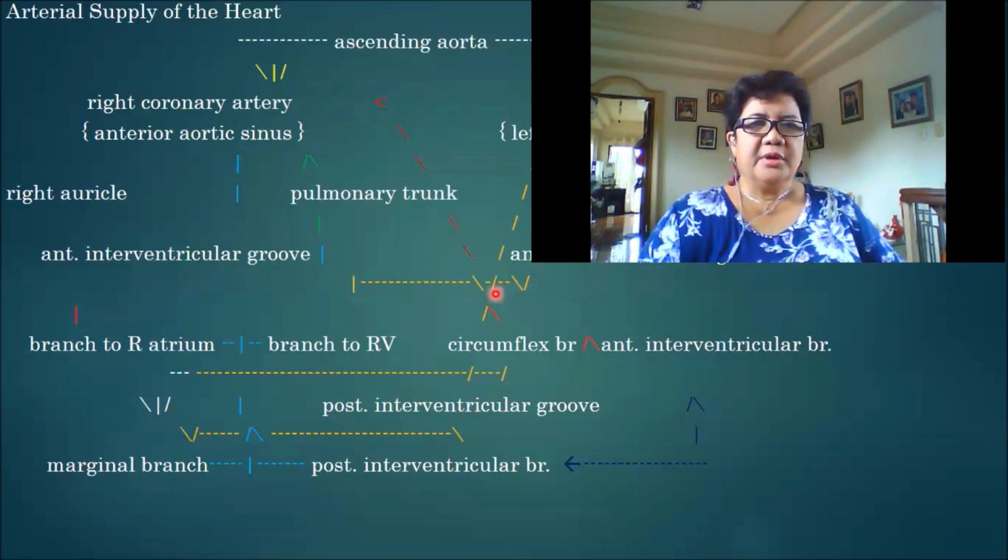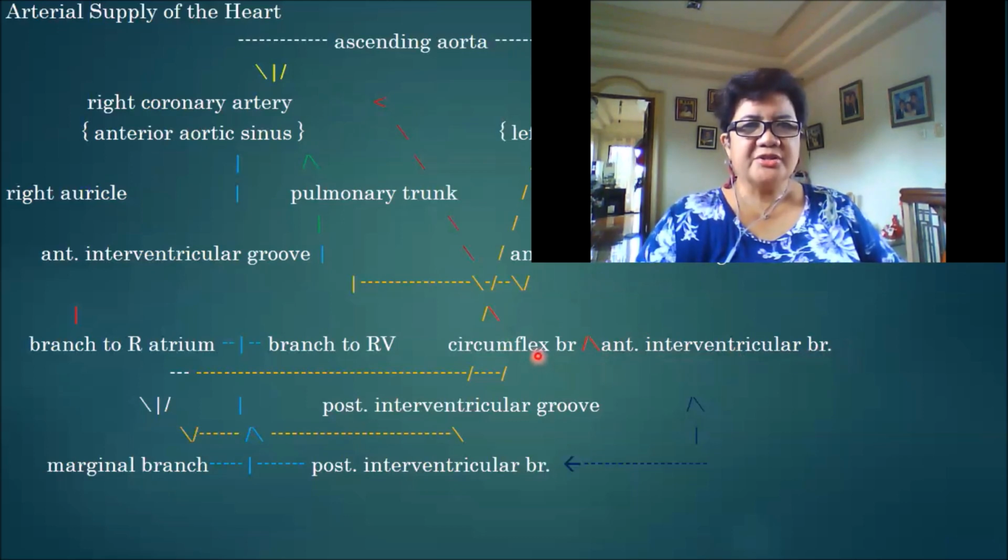Then it will give a branch, which will be the one that courses longer through the heart. You have the circumflex branch and the anterior interventricular branch.